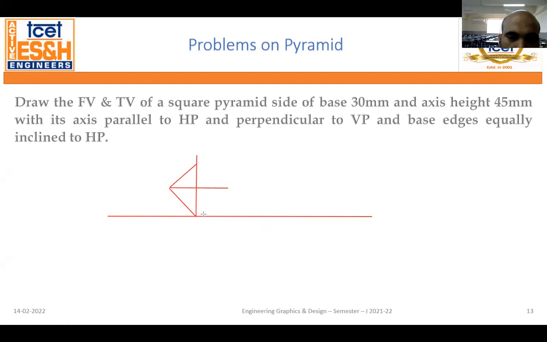Make the square in such a way that it seems to be having 45-degree inclination at both the ends. So have you drawn it? Yes, everyone.